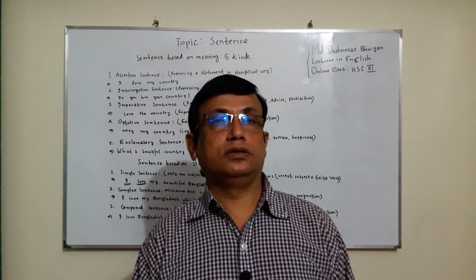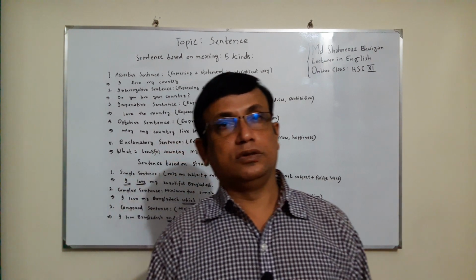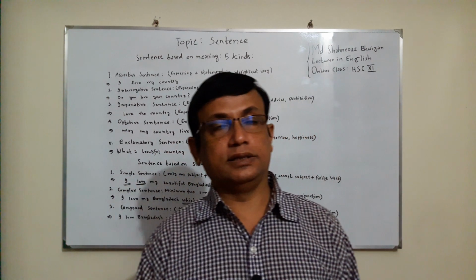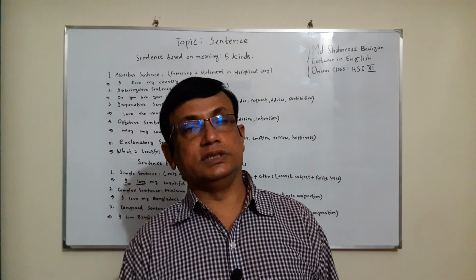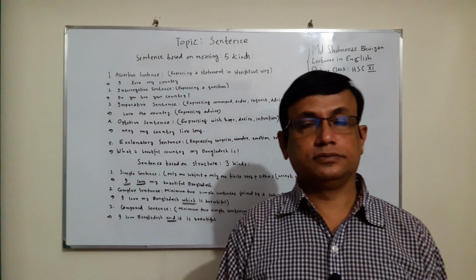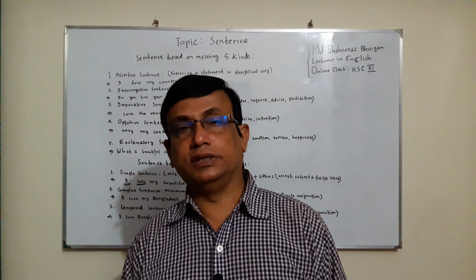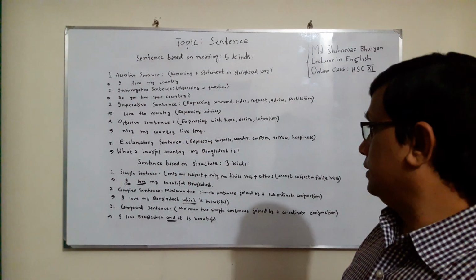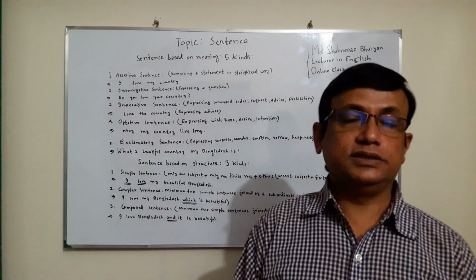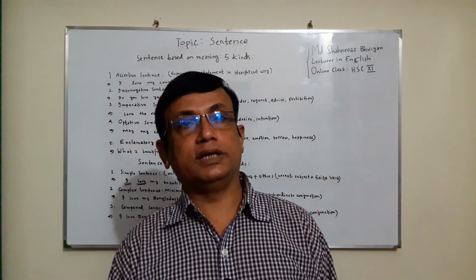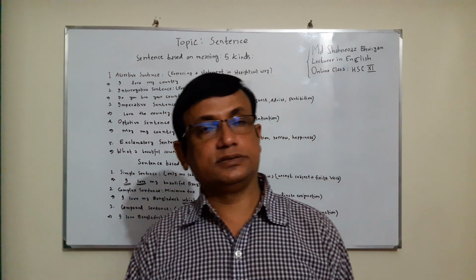Subordinating conjunctions are many, such as what, which, when, where, how, though, although, since, as, because, etc. For example, for a complex sentence, I have written, I love my Bangladesh, which is beautiful. Here there are 2 sentences, and these 2 sentences are joined by the subordinating conjunction which. This is a complex sentence.